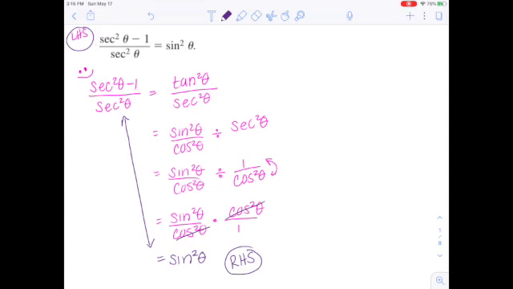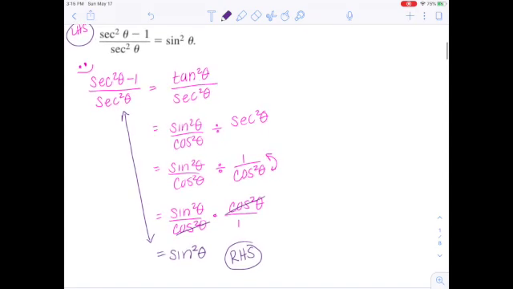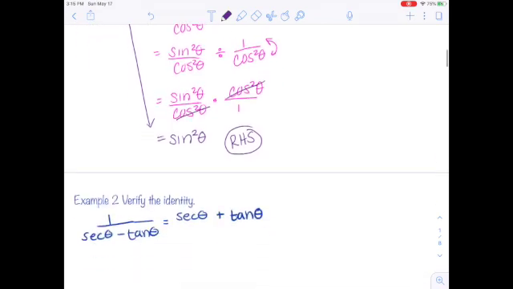And you need to make sure that if there was any sign or anything, you have exactly the right-hand side in order to verify it. All right? So since secant squared theta minus 1 over secant squared theta is equal to all the middle steps, it's actually equal to sine squared of theta.